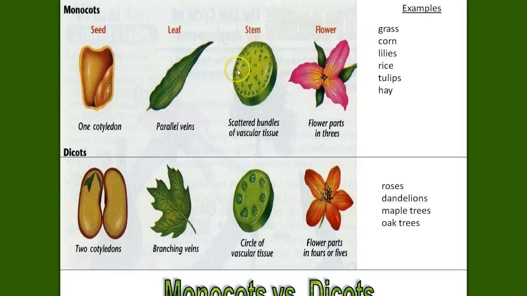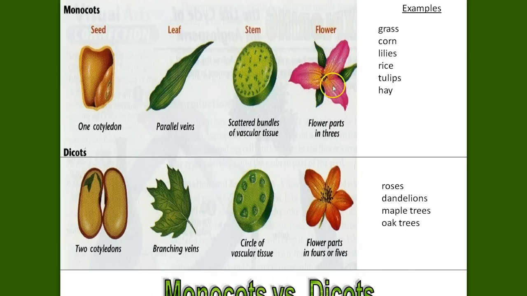If you took a cross section of the stem, just cut a piece of the stem off, all of those little vascular tissues would just be bounced all over the place. Kind of just no rhyme or reason. It's just like an old pin cushion that's been overused. And this down here is a dicot stem. See how it looks like a honeycomb? Nice and neat. This guy doesn't know what he's doing, but this guy's nice and neat.